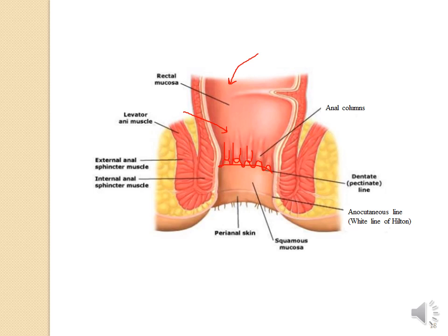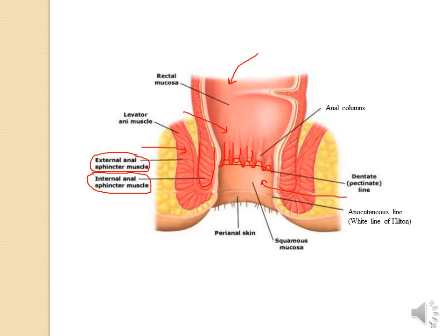At this line, the simple columnar will change into stratified. So in this region here, we have stratified squamous, but it is non-keratinized epithelium. Now here we have the internal anal sphincter. Outside it, we have the external anal sphincter.